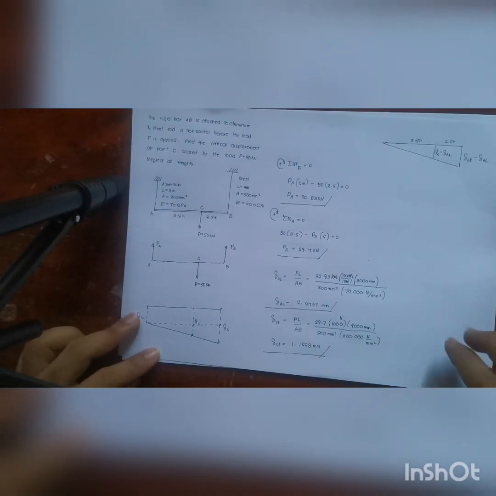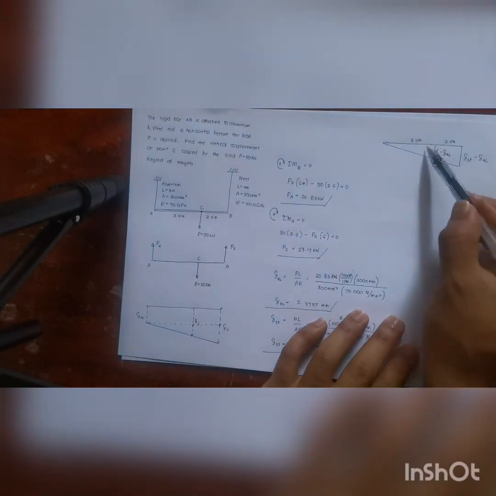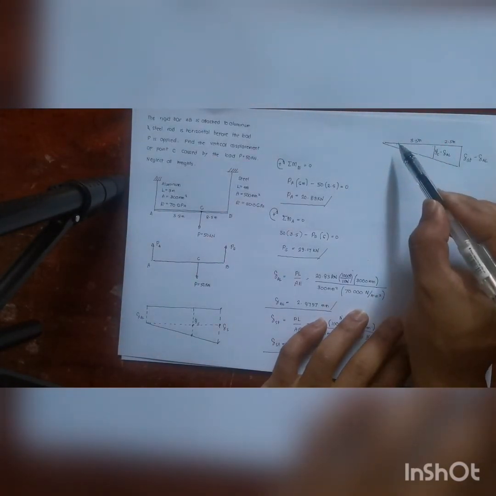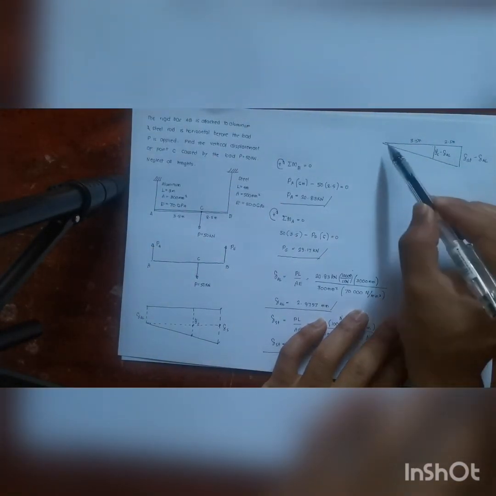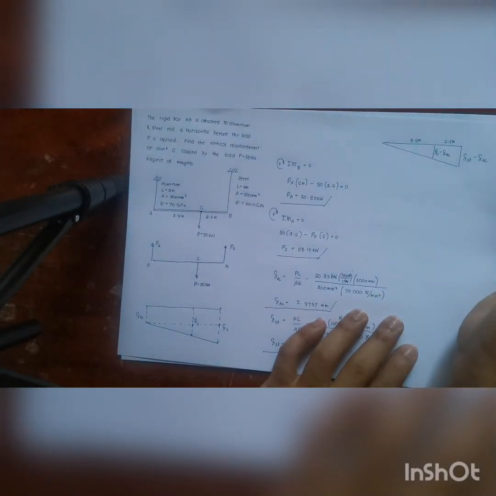So by ratio and proportion, we can say that this small triangle is similar to this larger triangle. So by ratio and proportion po yun. Base is to base, height is to height.